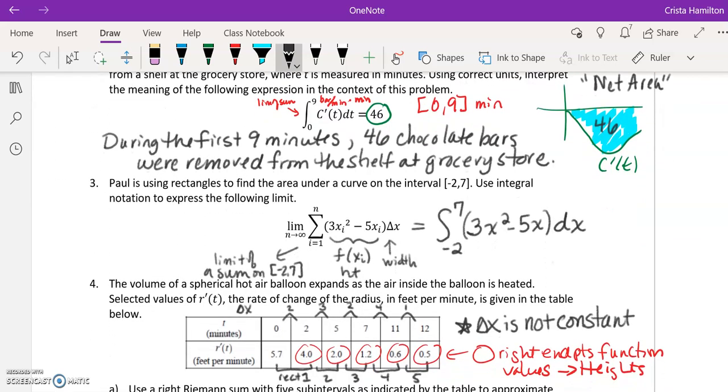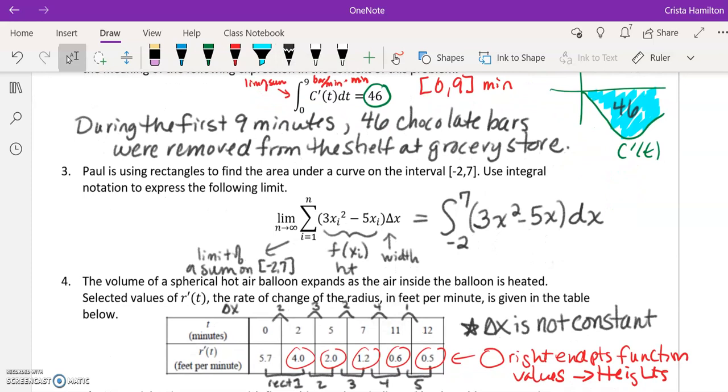Number 3, taking a look at it, there will be lots of what I call multiple choice questions where you are taking the limit notation and telling us what is the definite integral notation that goes with that. So again, looking at this, the function that gives the height is f of x sub i, and in this notation, they just have it as x sub i.